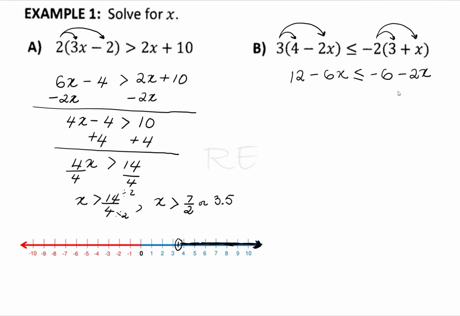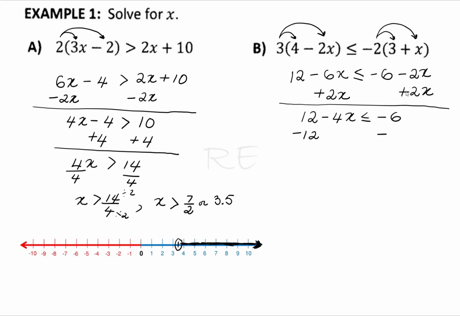Now we're going to add 2x to both sides. And when we do, we'll get 12 minus 4x, negative 6x plus 2x, less than or equal to negative 6.